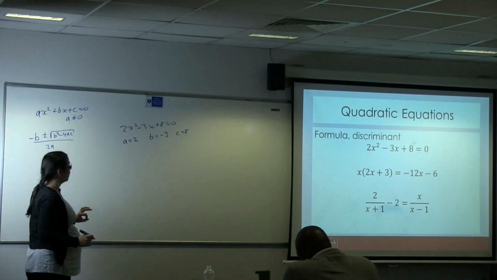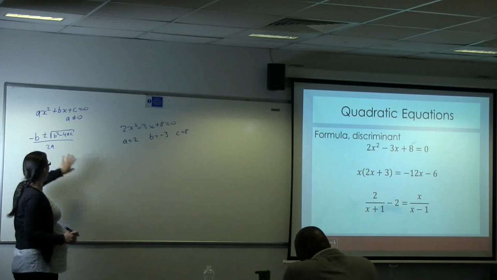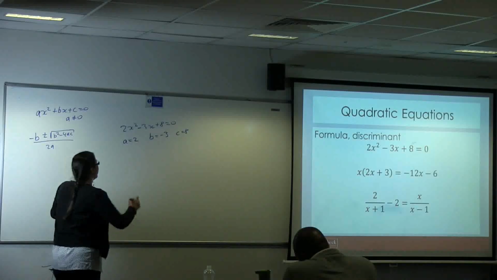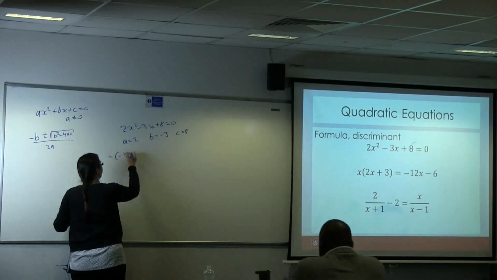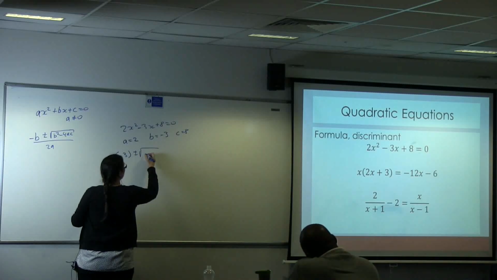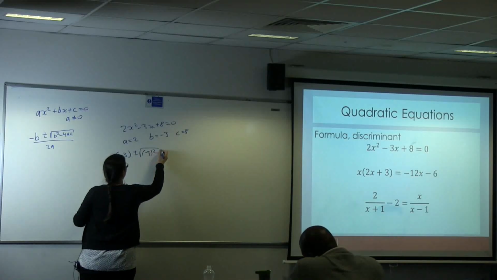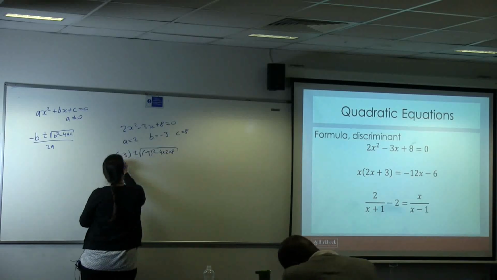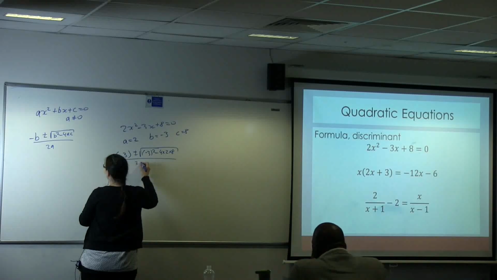And now, pick out those numbers and put them back into this formula. So I need the negative of b, -3 squared minus 4 times 2 times 8 over 2 times 2.